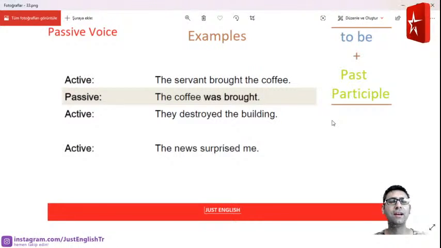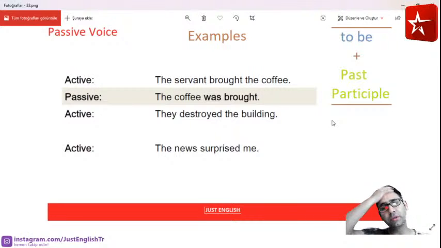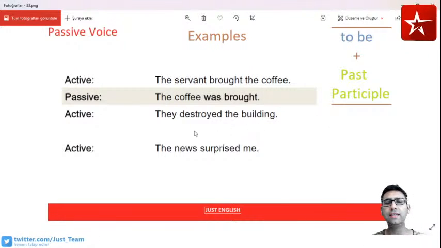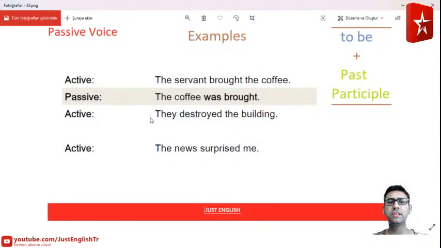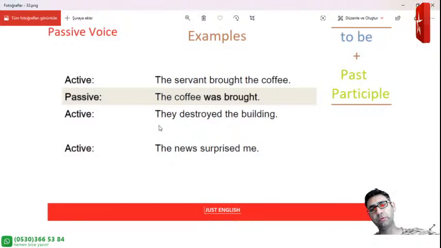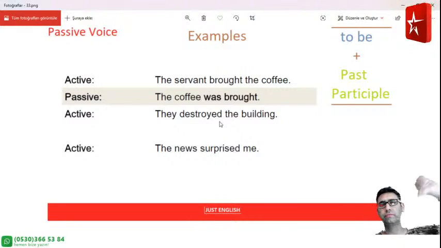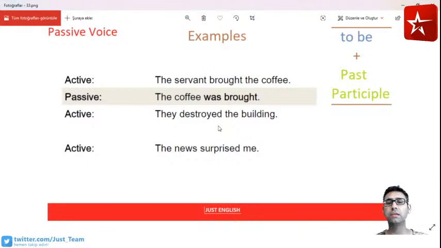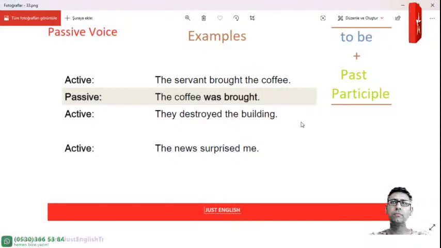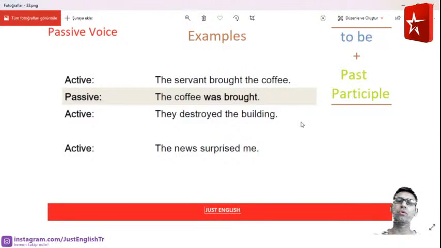Alright, so the next one: they destroyed the building. Okay, so this is who did it. They, these people, destroyed the building. Binayı yıkmışlar, değil mi? Okay, so hemen cümlemdeki o nesneyi buluyorum ve passive yapıdaki cümlemin en başına koyuyorum.